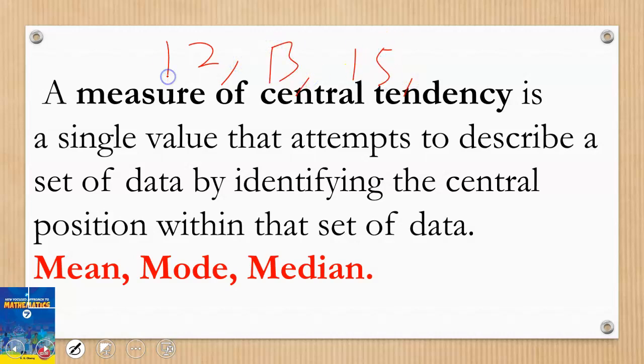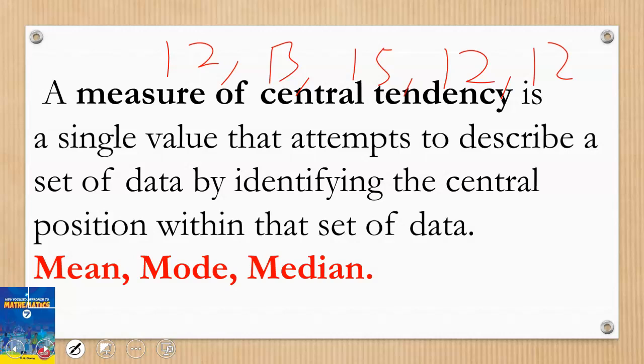Okay, let me make it 12 and then 13. Then 12 years again, and then another person says 12 years. Now, these ages, what one single number can I use to represent the age and say, okay, the class is average of maybe 12 years. That is what we are referring to as central tendency.